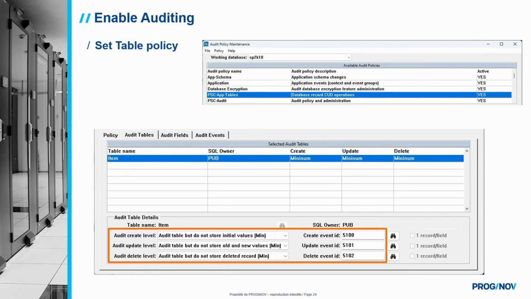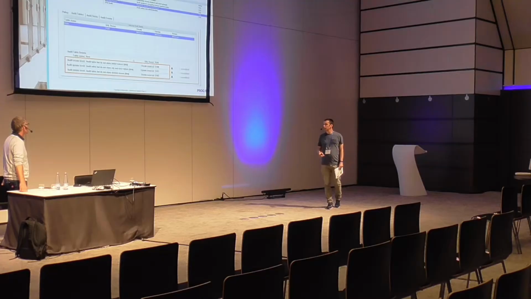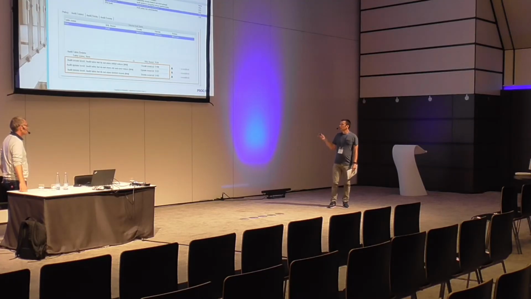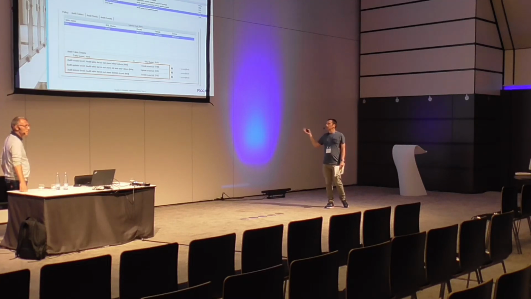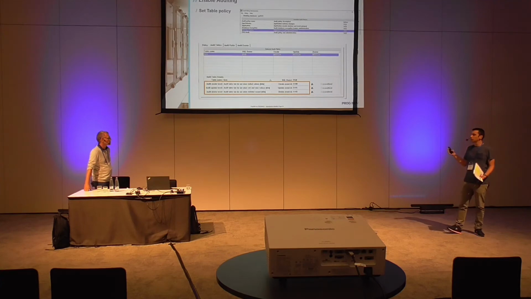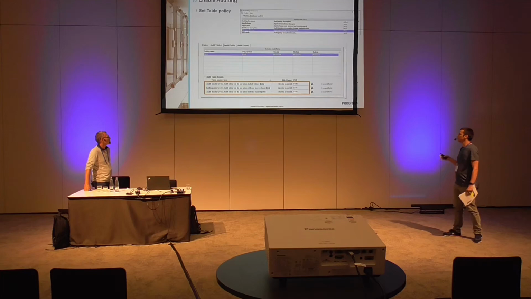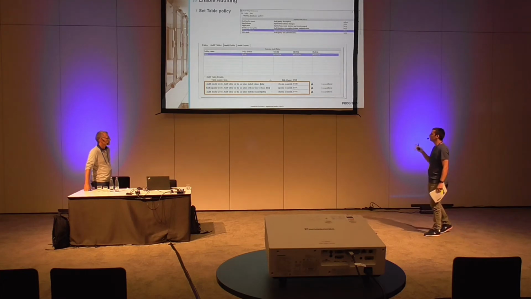So once auditing is enabled, we have to define the policies for the tables we want to track. So in our example, we define a policy for the item table. We define a tracking level for each event type: create, update, delete. We choose the minimum level because we don't want to store every value of every field of our tables.